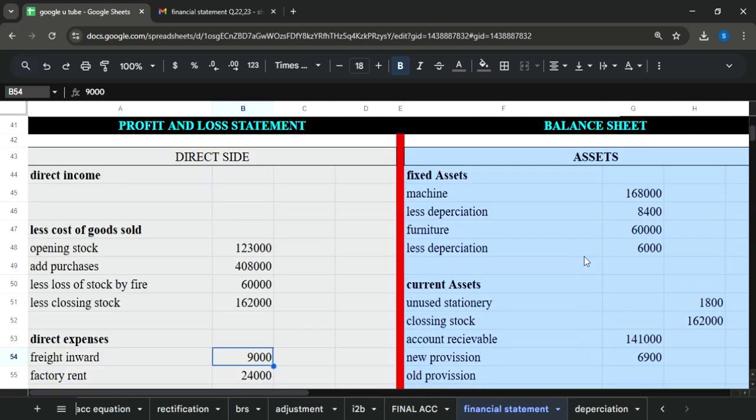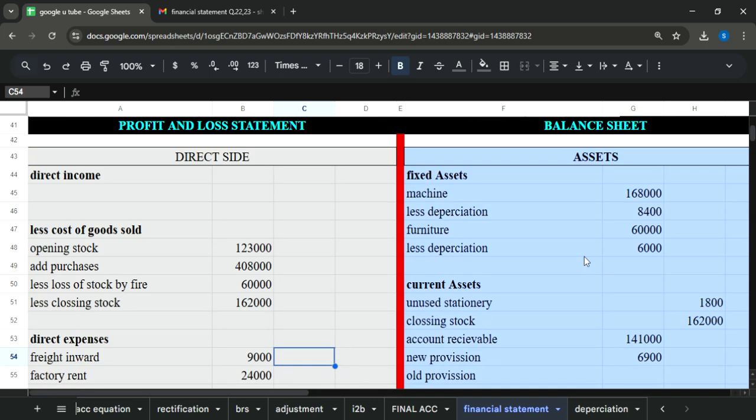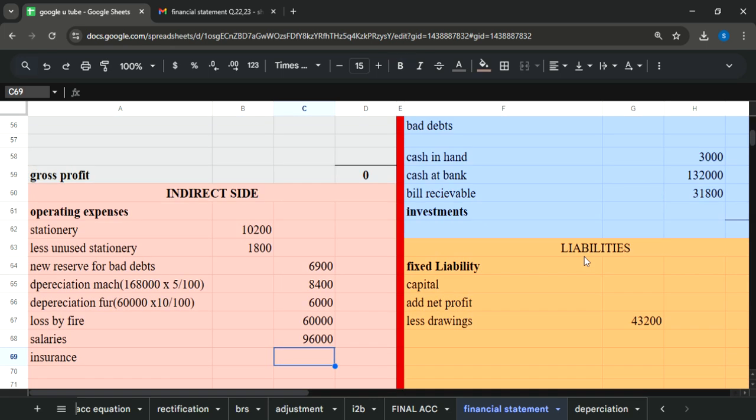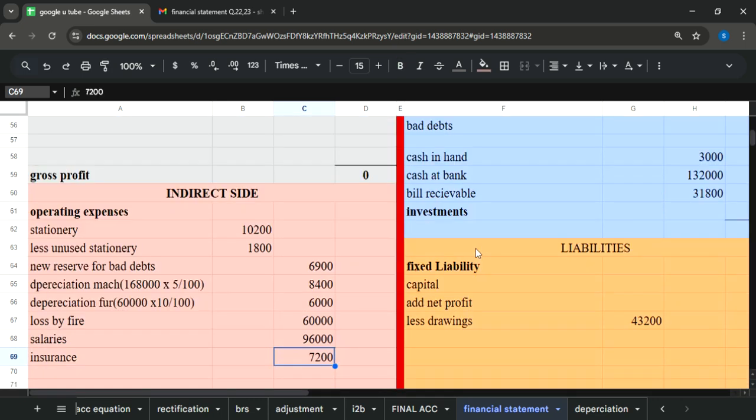Insurance 7,200, and you will be going to operating expenses. Insurance amount is 7,200. Mention it.